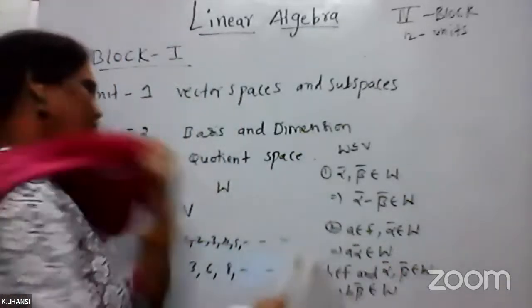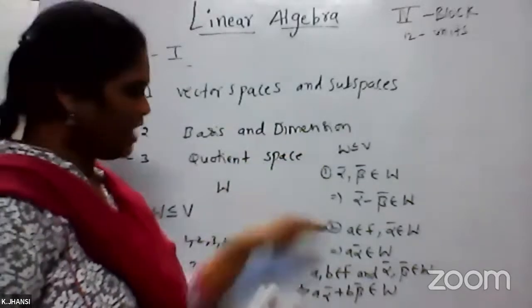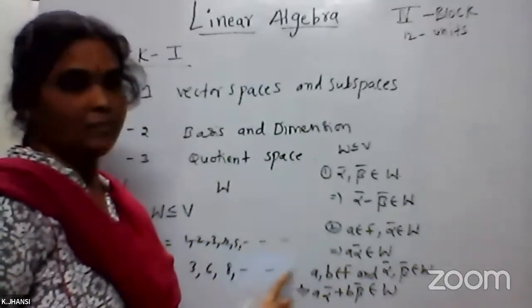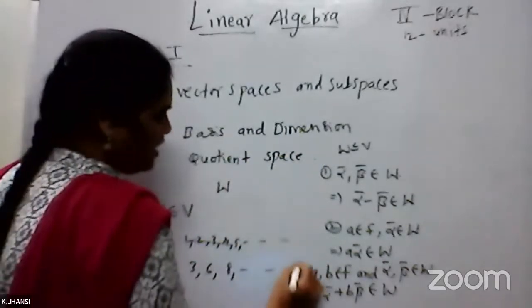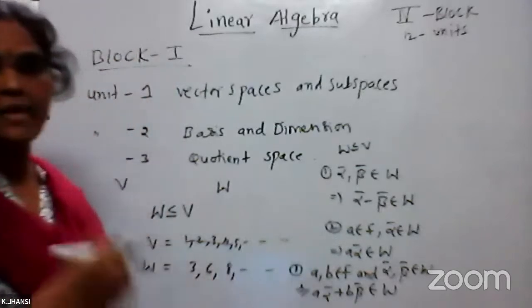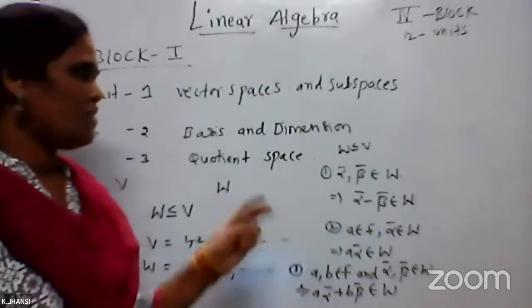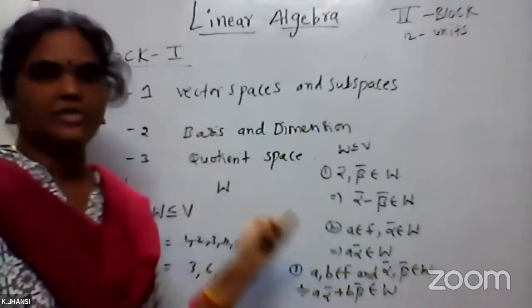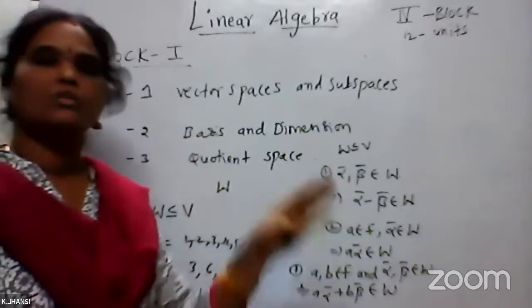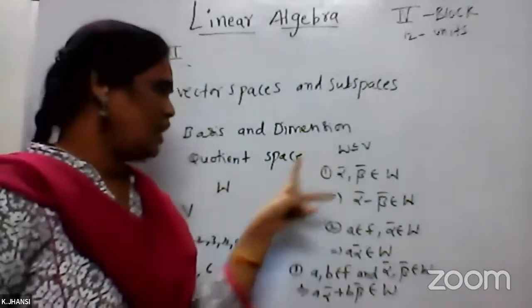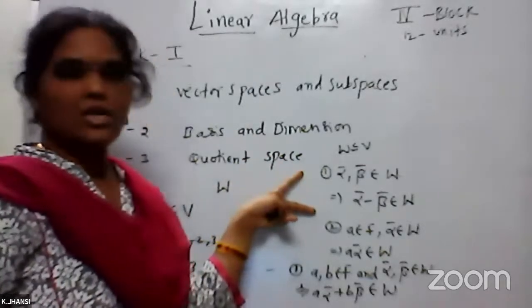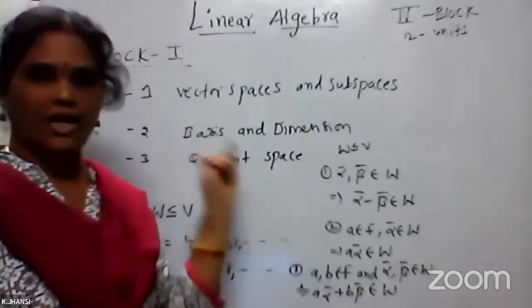Instead of 2, if only this last third property is satisfied, then also W is called a subspace of V. First, if you show all 9 properties are satisfied, then it is called a subspace. If these 2 properties are satisfied, then also W is called a subspace.